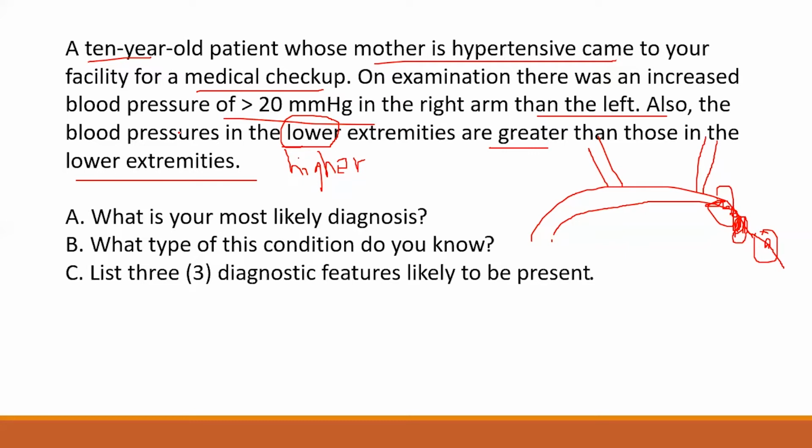You can think of abnormal breaths. So again, diminished femoral pulse, heart murmur in the left infraclavicular area, prominent suprasternal notch pulsation, aortic stenosis, then abnormal breaths. So these are the diagnostic features of coarctation of aorta. So any 3 of them, and you are okay to go.